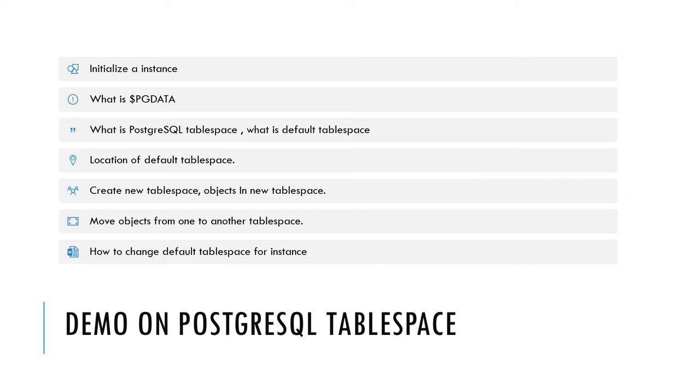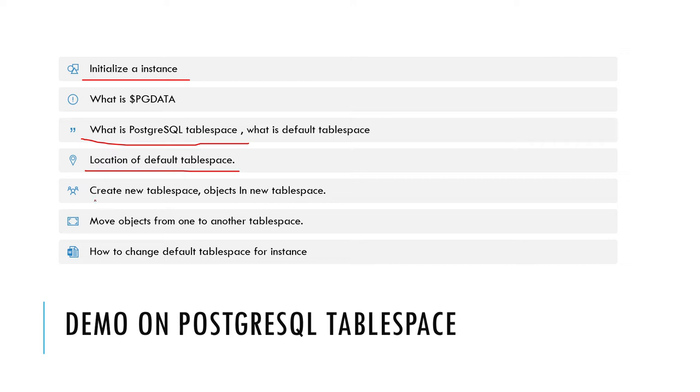So now we'll see the demo, how it works. We will initialize an instance, and once the initialization is done, we will check what is pg data, which we have already discussed in the previous tutorial. And then we will see what is Postgres table space, what is the default table space, and then we will see the location of the default table space.